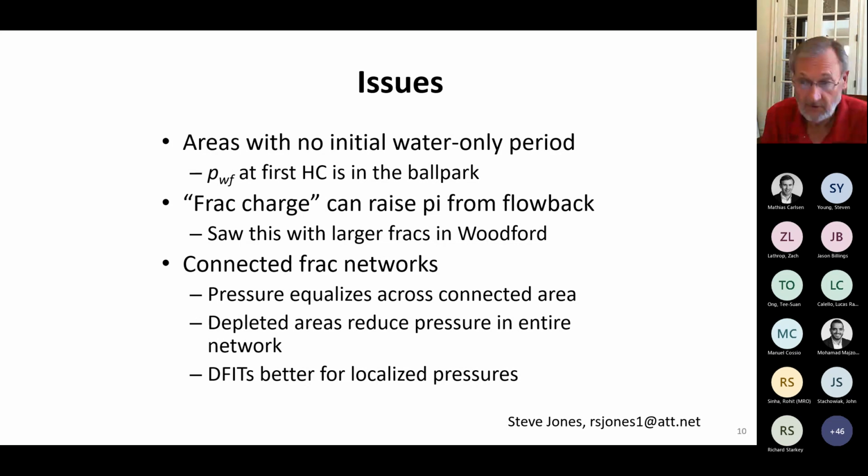And really, using this in the Wolfcamp, just the bottom hole flowing pressure at first hydrocarbon, we found that was really close to the DFITs that we measured. There wasn't a big difference there, as we saw in the examples I showed you from the SCOOP and the STACK, from just using bottom hole flowing pressure at first hydrocarbon.